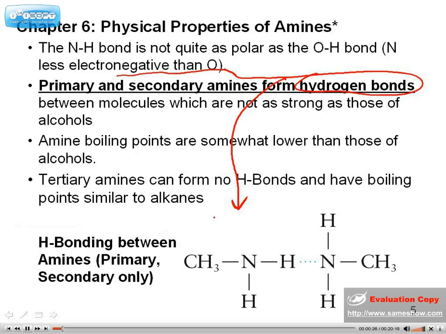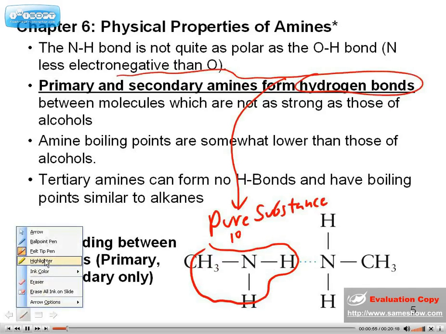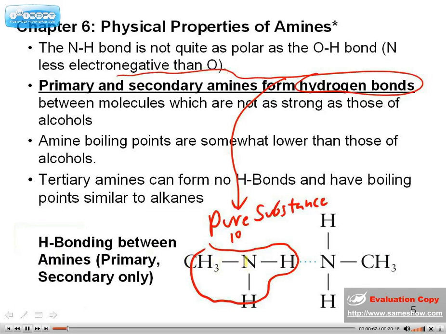So, for example, we have a pure substance of a primary amine, and basically the hydrogen from one of the amines, notice how the hydrogen is directly attached to the nitrogen, is going to hydrogen bond to the lone pair of the nitrogen of the other amine.